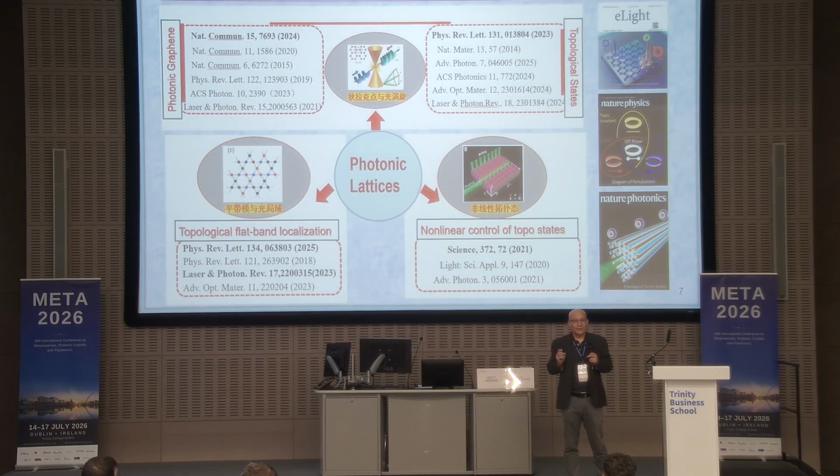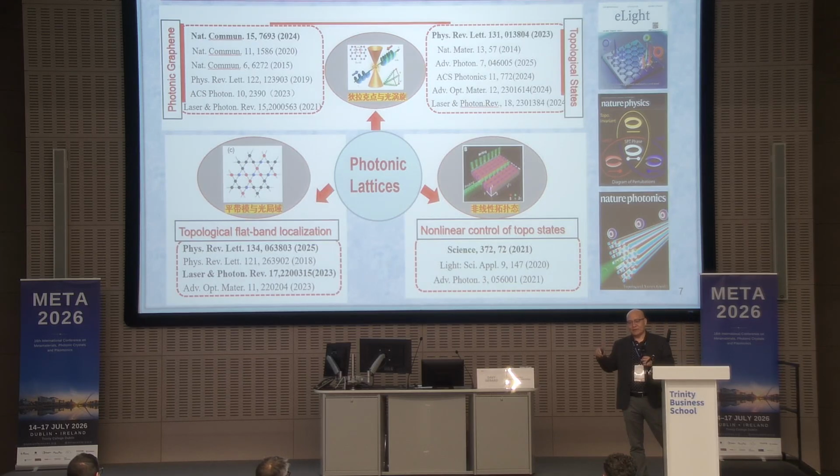Because we can induce these waveguides in a nonlinear crystal, we can really study nonlinear behavior and how to manipulate and control topological states, including this Science paper we published, where for the first time we developed a non-Hermitian topological state, but used local nonlinearity to control the global symmetry of the system.